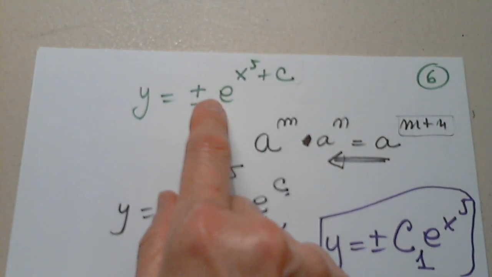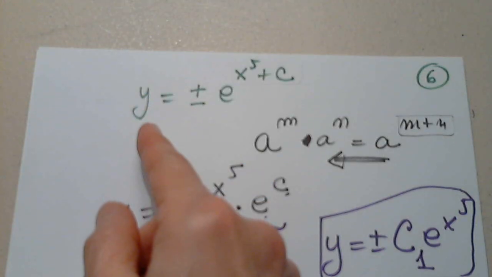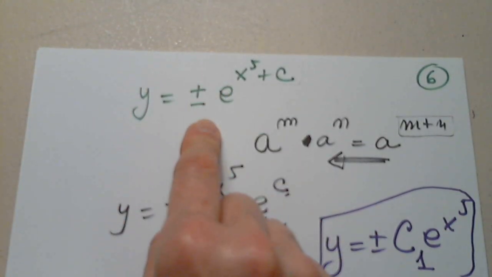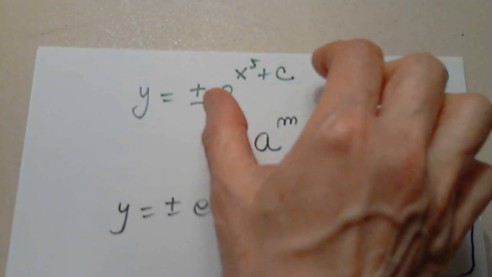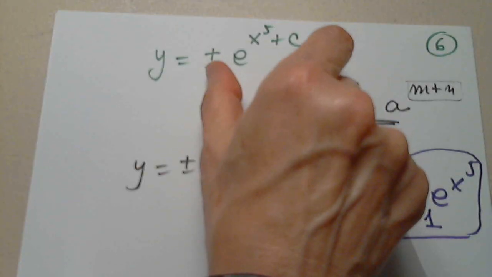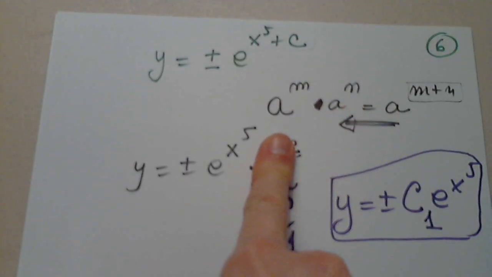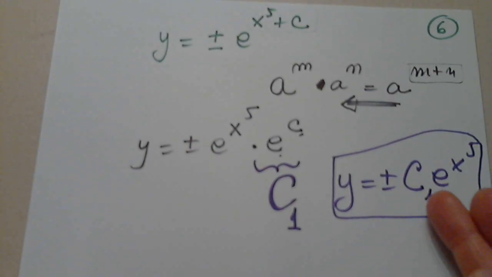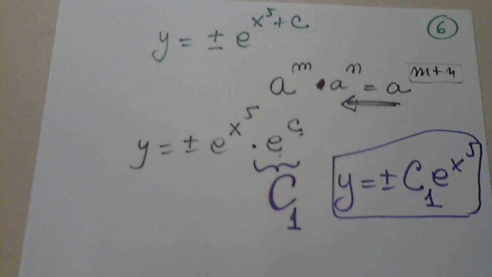Why did I put plus or minus? Because of the absolute value. So the absolute value disappears and then I put plus or minus on the other side. I changed this using this property, the exponential rule. I changed it into this so I can identify this as a constant. And I put it in front. So plus or minus whatever e to x to the 5th.